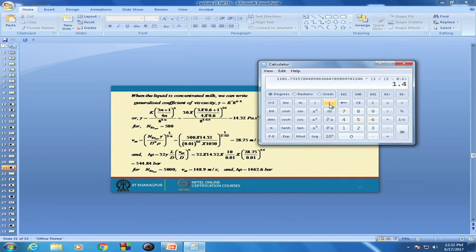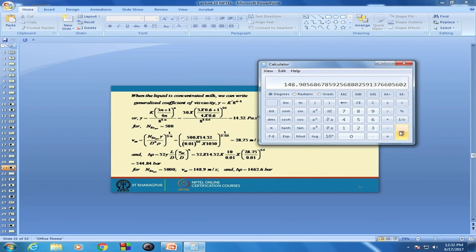This is done, so this equals 148.9 meter per second.